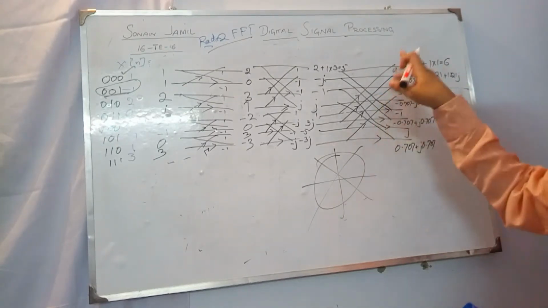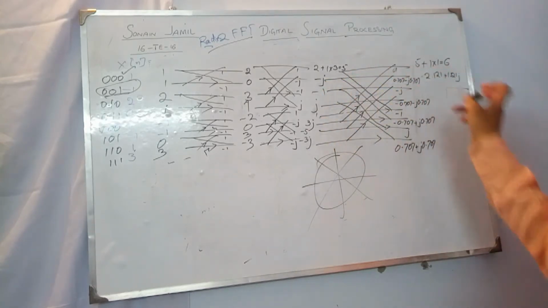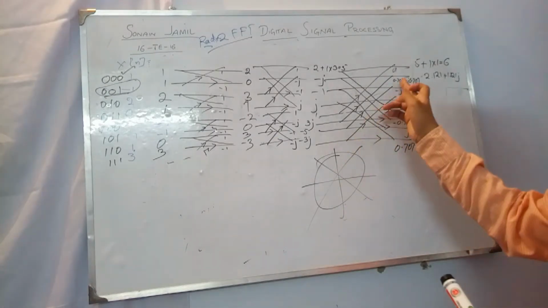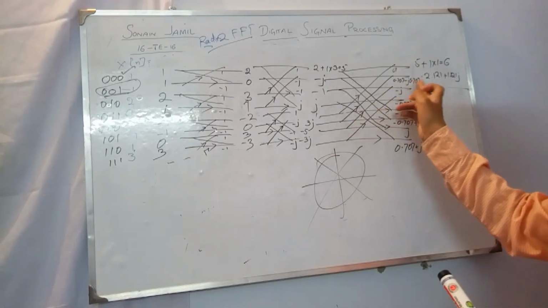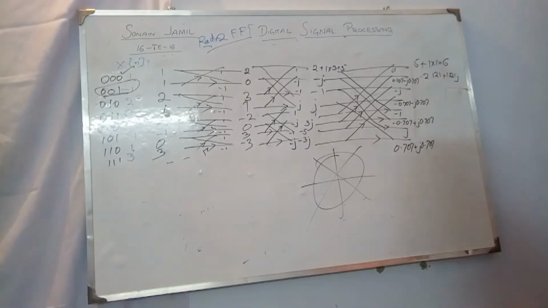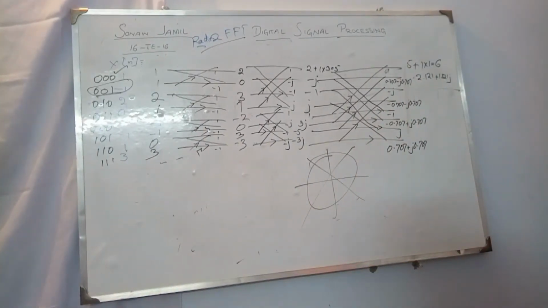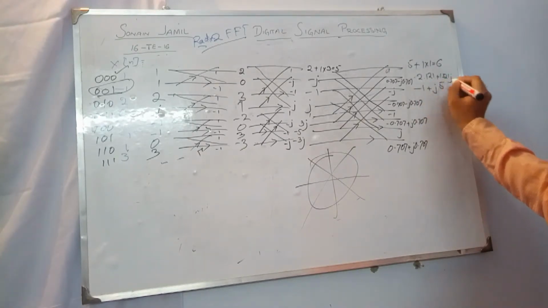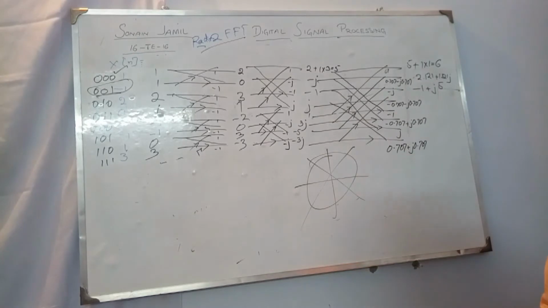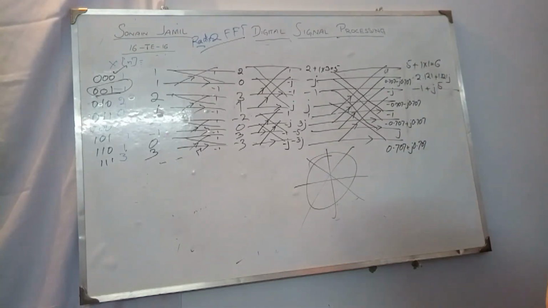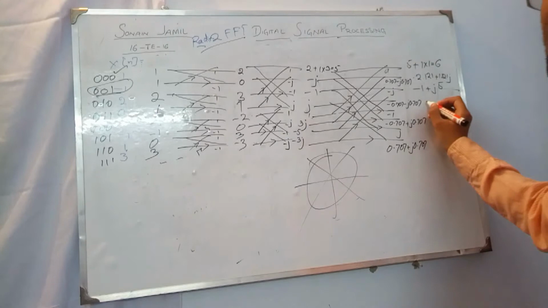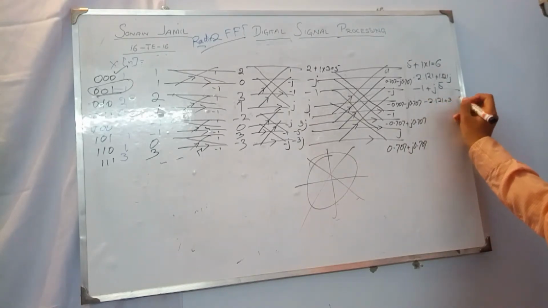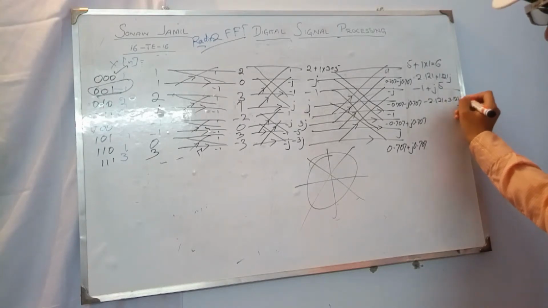just use the same procedure, minus j to there, and this is 3j, multiply 3j with this one, and next value I have is minus 1 plus j5. Again, the next one is minus 2.121 plus 3.121j.